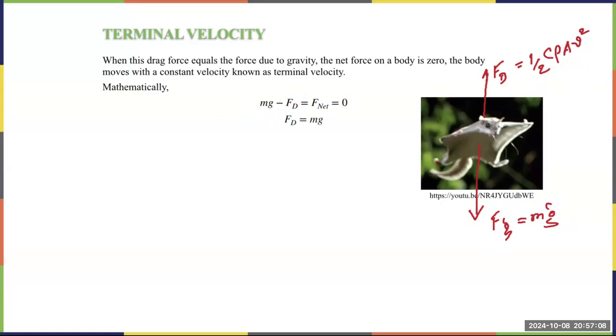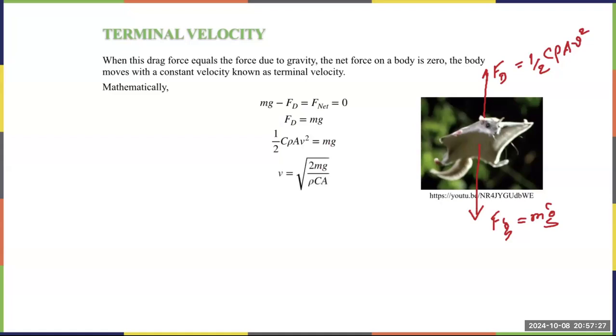So what does that mean? At that particular condition, my drag force will be equal to the weight of the body. Drag force one half C rho A v squared equals mg.